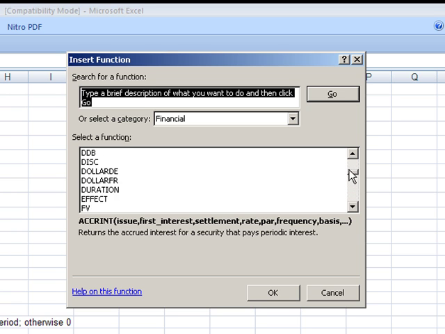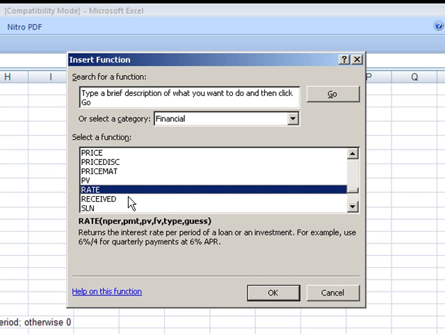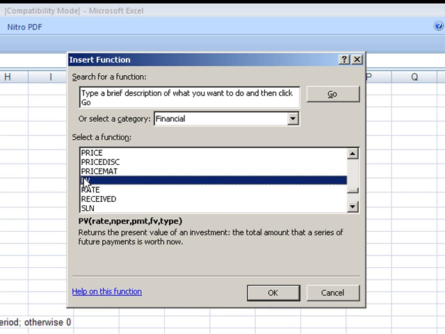We have the FV function, if we go back up, FV, and all the others that exist in between. And you can learn a lot by basically going through them. Here's the rate function that we just mentioned, and finally the PV that we mentioned as well.